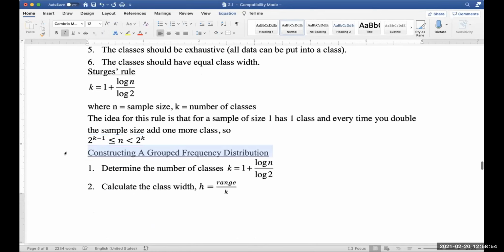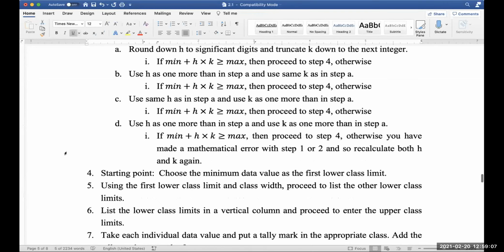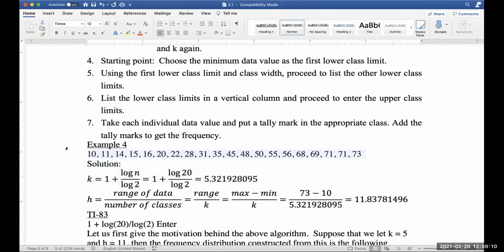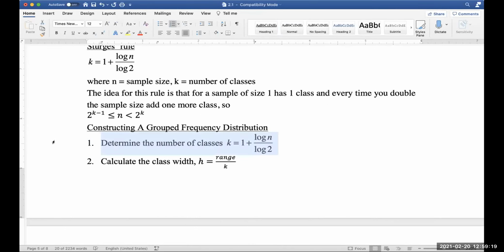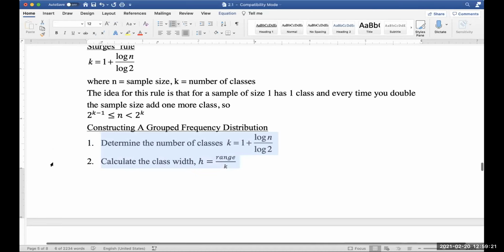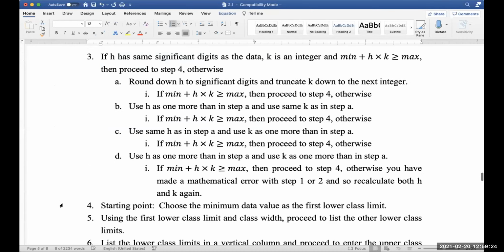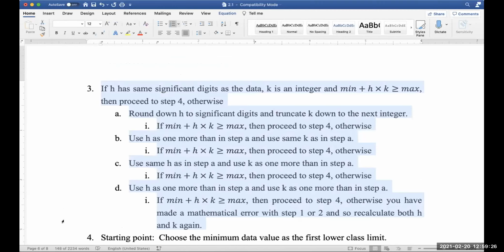So now, let me try to do this and figure out what this is. Let's actually do it on some data. Let's see if I can do this on some data, and we'll come up with some complications, in which case we will then need to proceed with some sort of algorithm to help us.